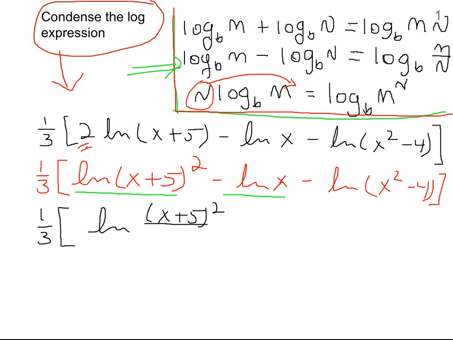The bottom of the fraction comes from the second logarithm. The bottom of the fraction will just simply be x. And then I still have my other log in the bracket. So I still have minus the natural log of x squared minus 4.